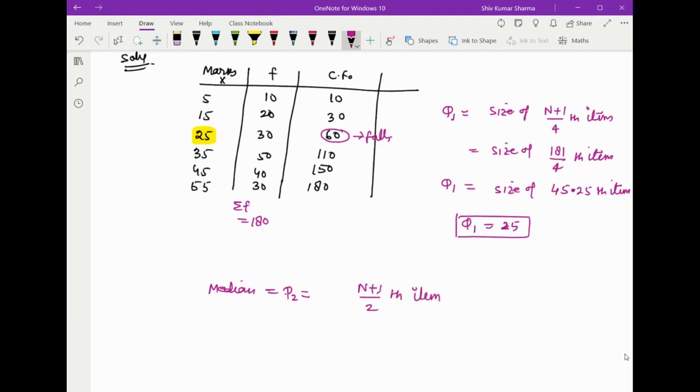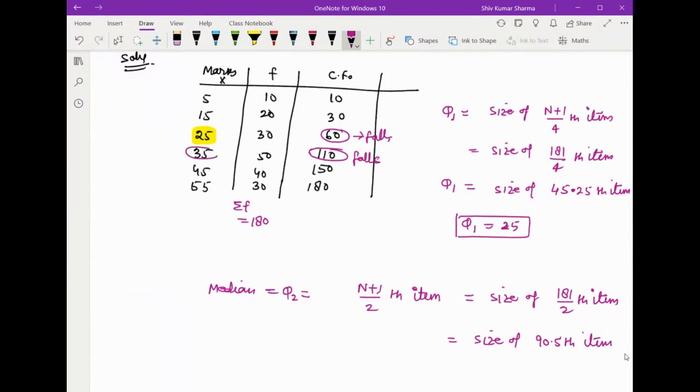So this is the size of (180 plus 1) upon 2th item, which equals the size of the 90.5th item. This 90.5th item falls in this cumulative frequency.